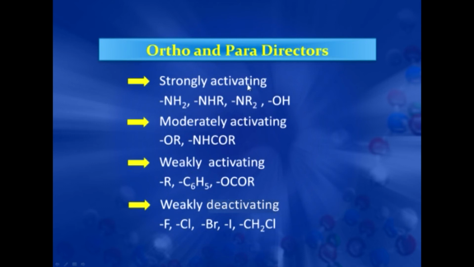We have strongly activating groups like NH2, NHR, NR2 and a hydroxy group, and the moderately activating groups in which we have an alkoxy group and NHCOR group, and we have weakly activating groups where we have alkyl, phenyl, and ester grouping, and then we have weakly deactivating groups in which we have halogens and we have this CH2Cl group also, which is weakly deactivating, but all these groups, although they are deactivating, are ortho and para directors due to their electron donating mesomeric effect.